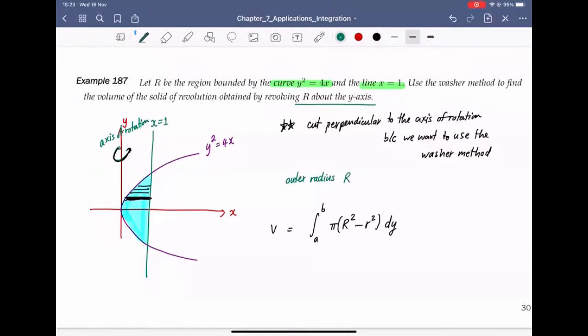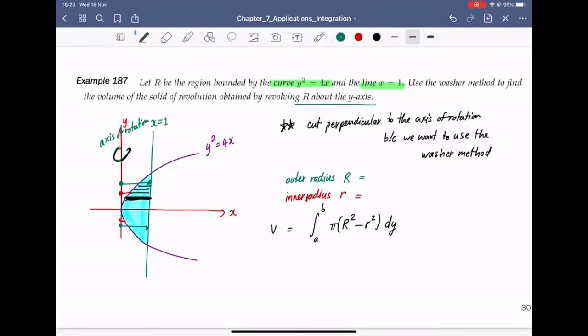The outer radius, big R, is the distance from the axis of rotation to the outer function. For the inner radius, small r, you go from the axis to the inner curve.